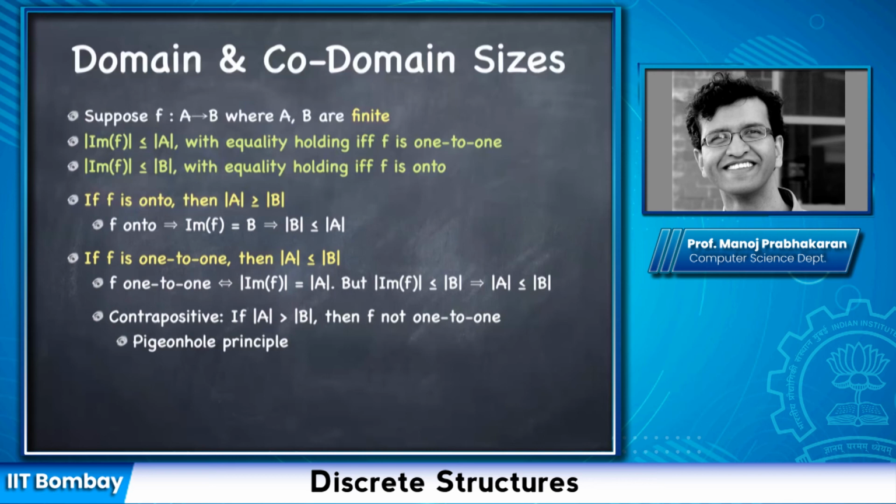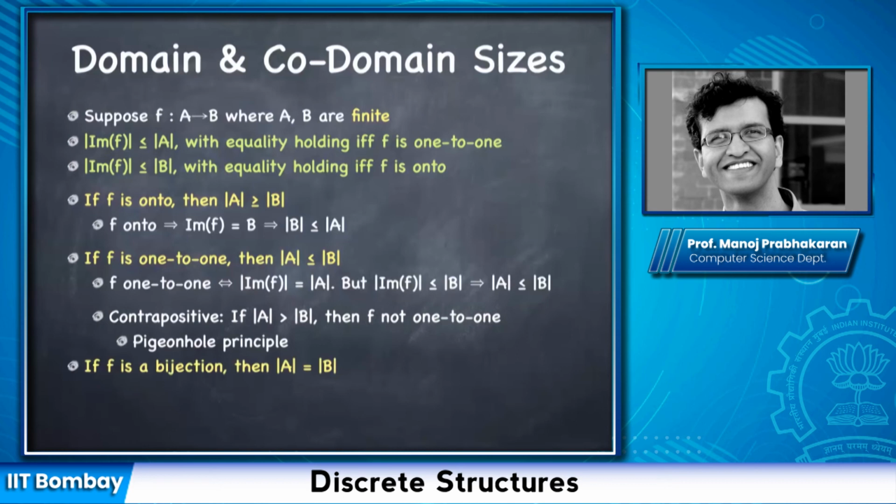A is the domain, the set of all pigeons, and B is the set of all pigeonholes. The function f is saying each pigeon sits in this particular hole. So every pigeon has been assigned a particular pigeonhole. That assignment is a function f, and that function cannot be 1 to 1. It will assign at least 2 pigeons to the same hole.